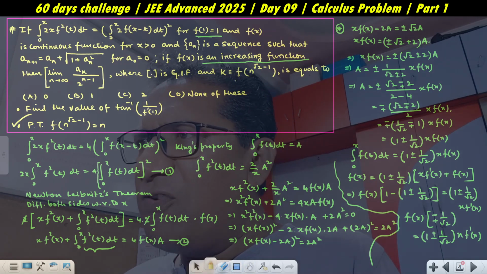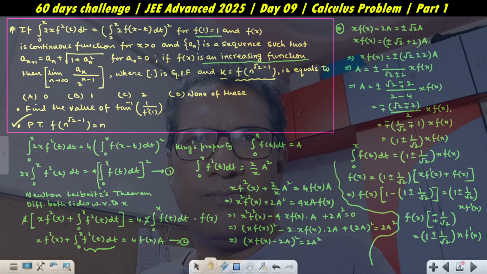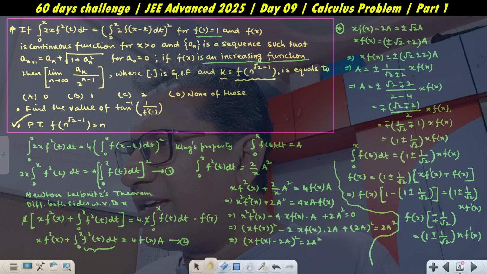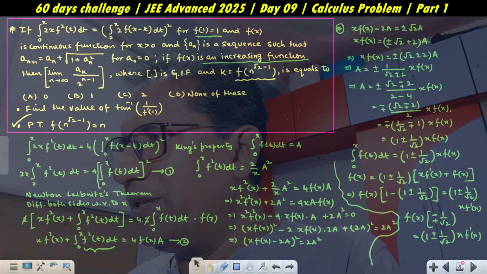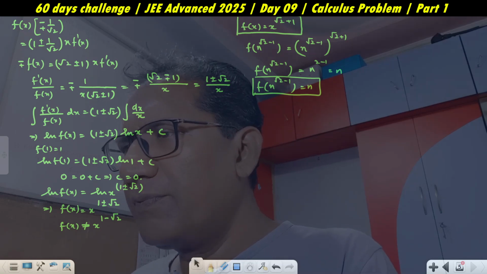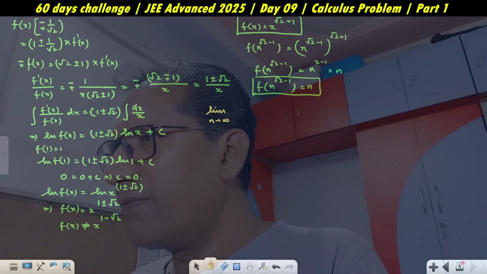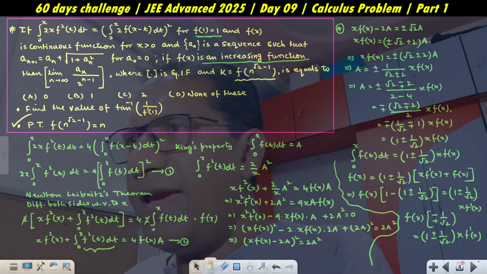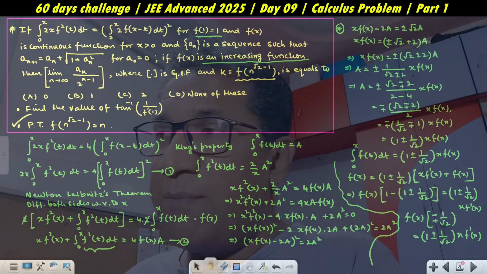Now again, f of n to the power root 2 minus 1 is k. Therefore, the given limit, what is the limit? This is the limit. Okay. So limit n tends to infinity, a_k. a_k means I have proved that k and n are same.